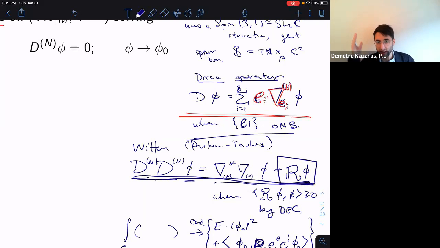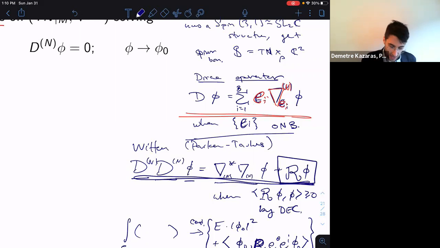Again, you have a section of an important bundle on your manifold, and the Laplacian of such a thing reflects the geometry of the underlying manifold. This curly R here is this term. This is called the Weitzenböck formula for this Dirac operator. You get a different Dirac operator, you get a different Weitzenböck formula.